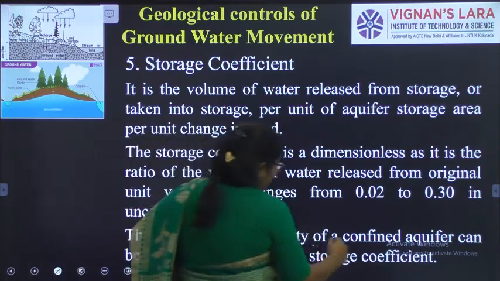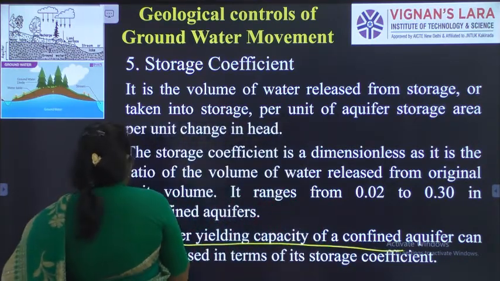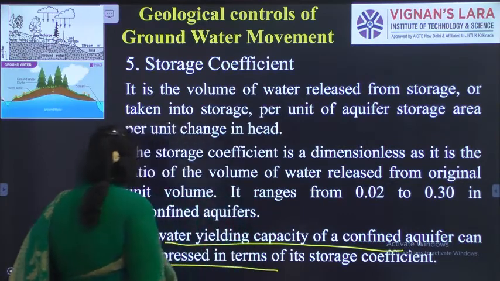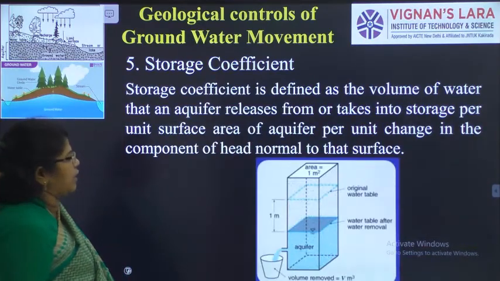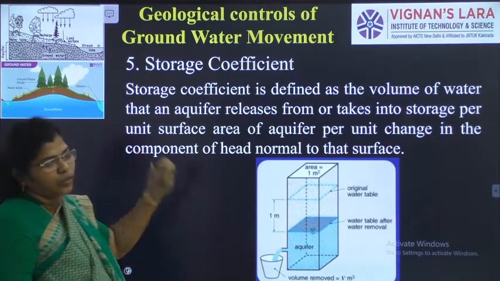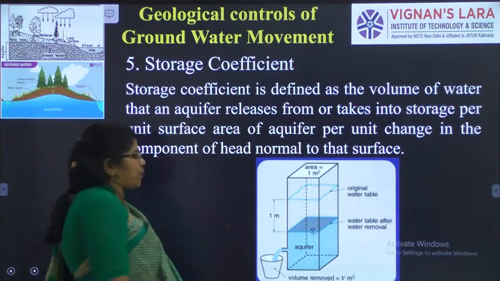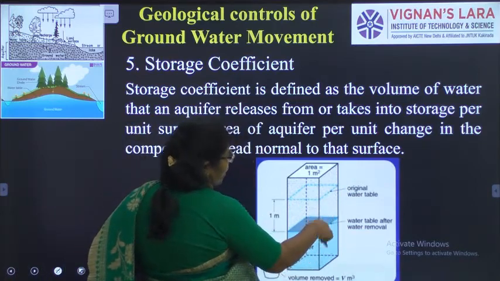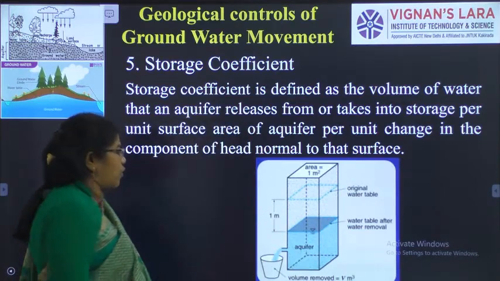The water yielding capacity of a confined aquifer is expressed in terms of the storage coefficient. So, for example, how much water can be released or stored, or taken out from the confined aquifer, we call it the storage coefficient.